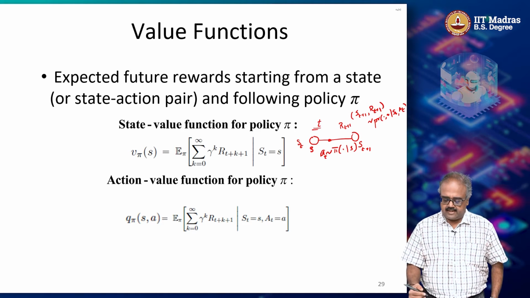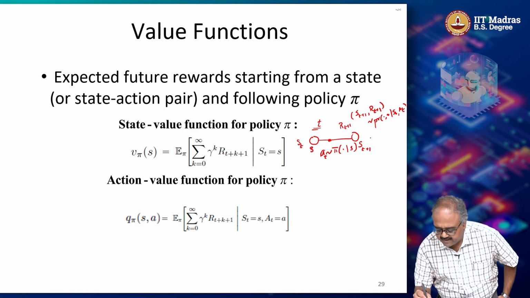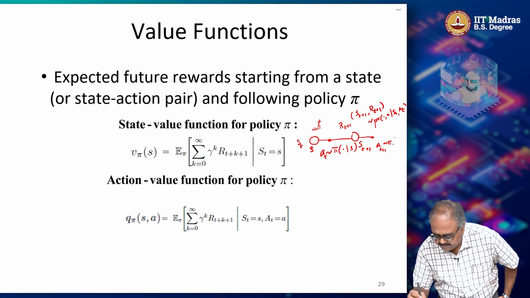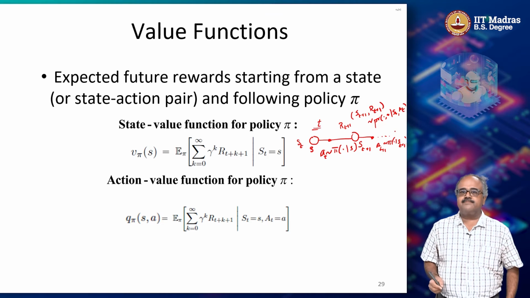This is basically the transition that is happening. After that, again you will have A_{t+1}, sampled from pi of S_{t+1}, and then it keeps going like that.